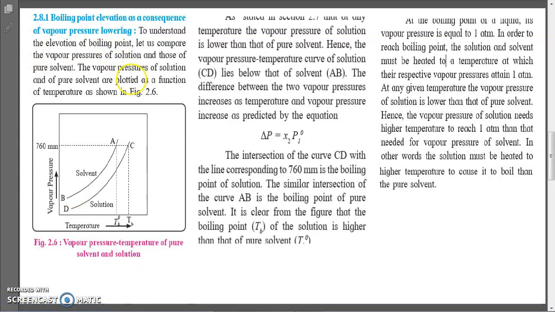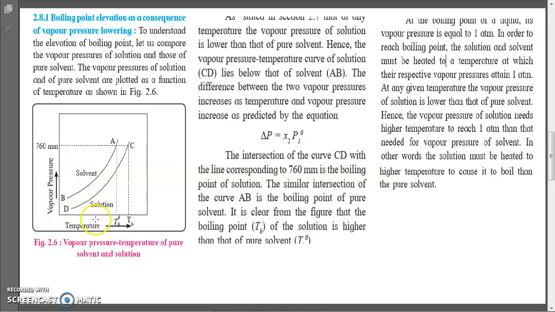The second colligative property is boiling point elevation as a consequence of vapor pressure lowering. To understand the elevation in the boiling point, let us compare the vapor pressure of the solution with that of the pure solvent. In the graph, on the x-axis there is temperature and on the y-axis vapor pressure.